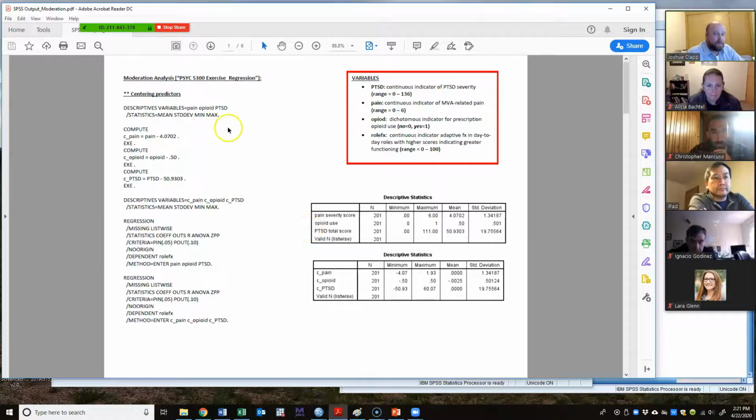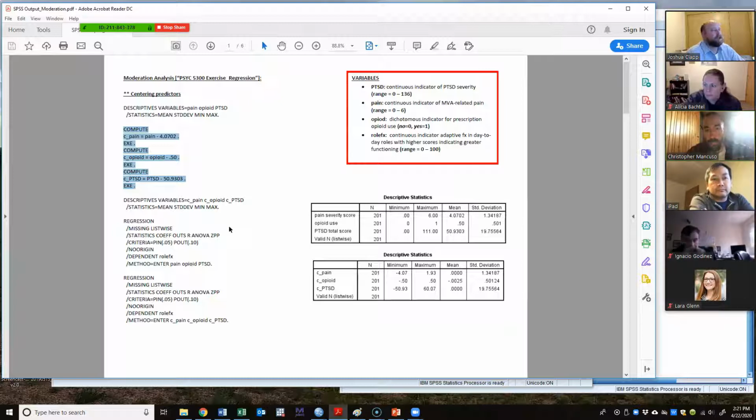Okay. So first thing we did is we first went through and computed centered variables. Chris M., can you tell me why we computed centered variables? The centered variables make it easier to compare across, like, if they're skewed for some reason, it makes it easier to interpret.